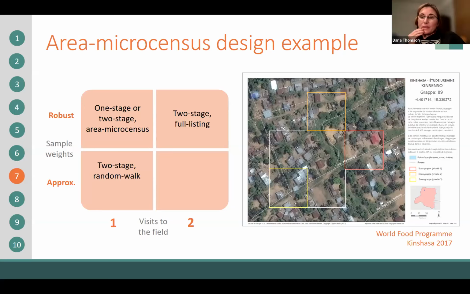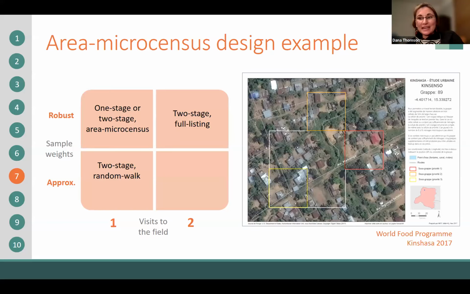I can jump in a little bit here. In the work that we did in Kathmandu, where we compared an area microcensus design with a typical two-stage design, meaning that we listed all households in a large area and sampled systematically from that listing, we found that the area microcensus design had a lot more diversity of household types. This was in a complex city, where there's lots of mixing.